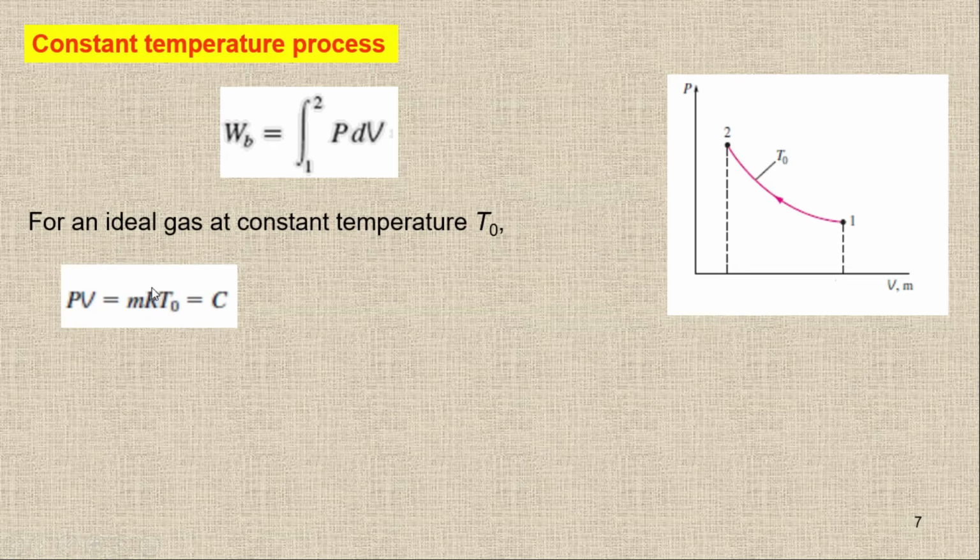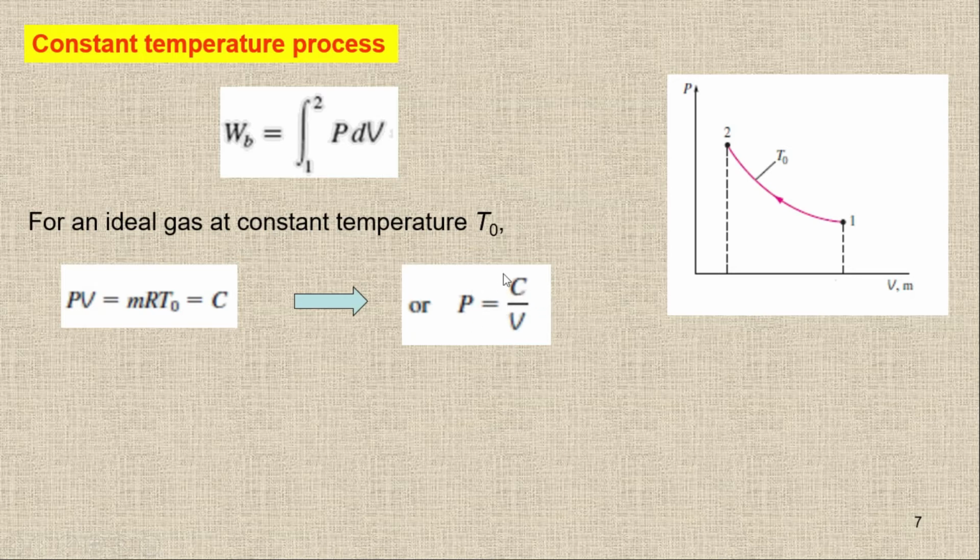So this whole term is a constant value. In this way, I can say the pressure is equal to C upon V, where C is constant. So I can replace P by C by V.